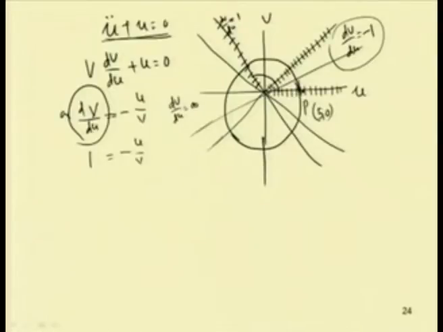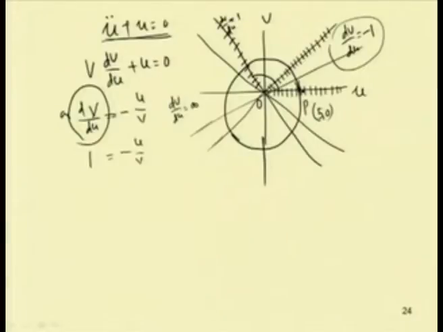In this case, this should represent a circle with radius OP, because in this equation, v dv by du plus u equal to 0.